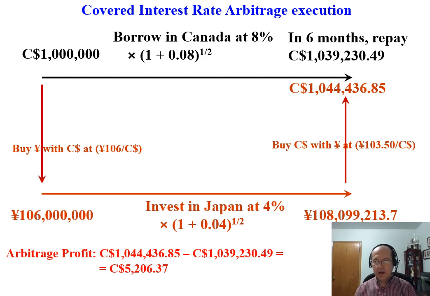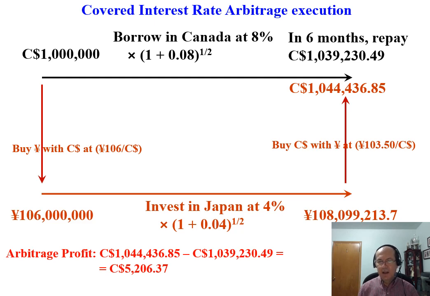Now let us take a look at the forward trade. At the forward trade, the trader buys Canadian dollars with Japanese yen. So at the forward trade, the trader increases demand for Canadian dollars and increases supply of Japanese yen, because the trader brings Japanese yen into the market to buy Canadian dollars.